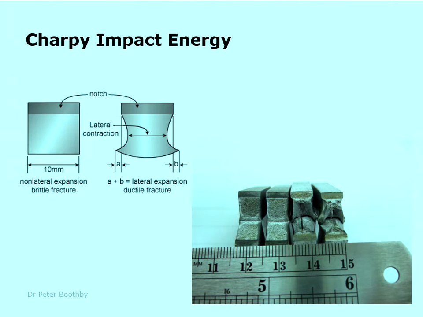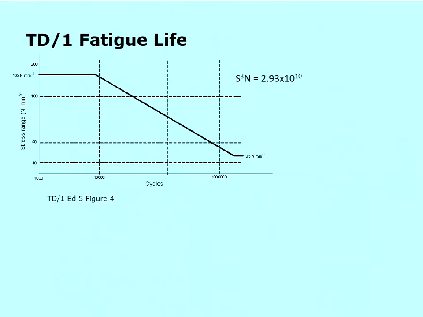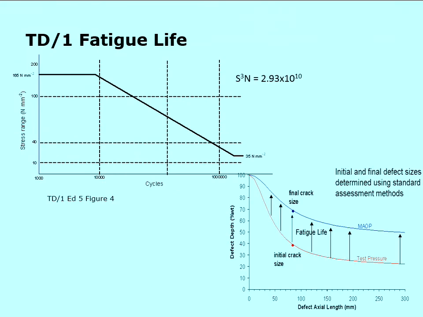So provided you apply the high level hydro test, you can use that SN curve, and you can apply 15,000 cycles of a stress of 125 newtons per millimeter squared, and that gives you a defined fatigue life.